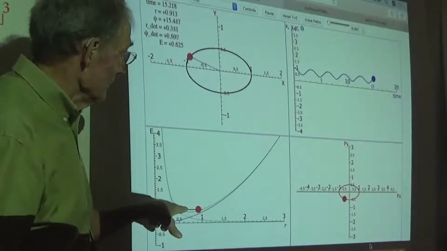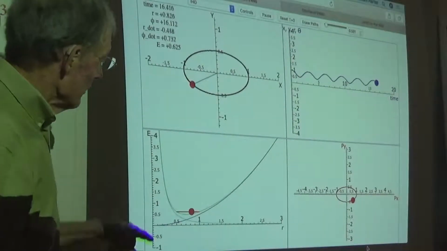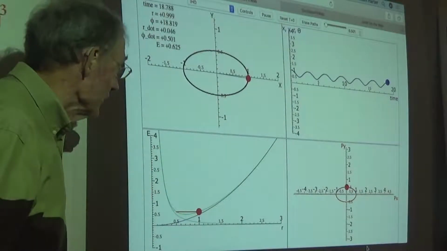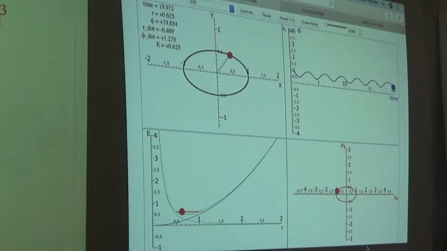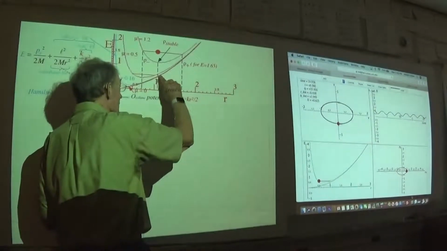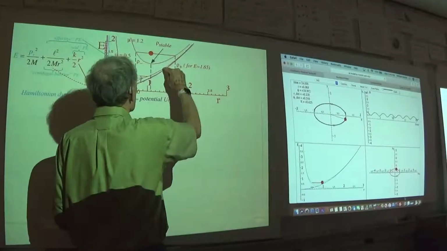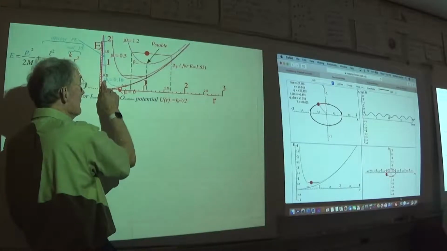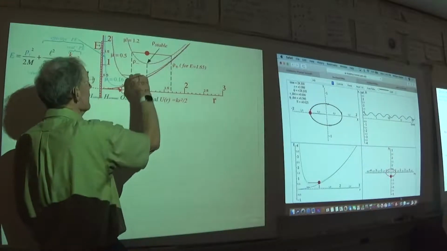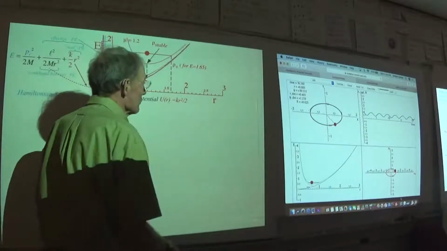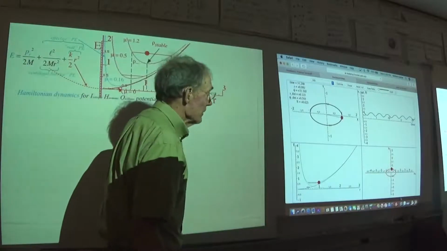But this is the view in the radial coordinate with the, shall we call it, effective potential, the whole thing mostly dominating in this neighborhood, but it dies off and becomes the actual potential if you go far enough off for low values of the angular momentum. For higher values you've got to go further, and up here you've got to go way up here before you get back to the original parabolic potential.